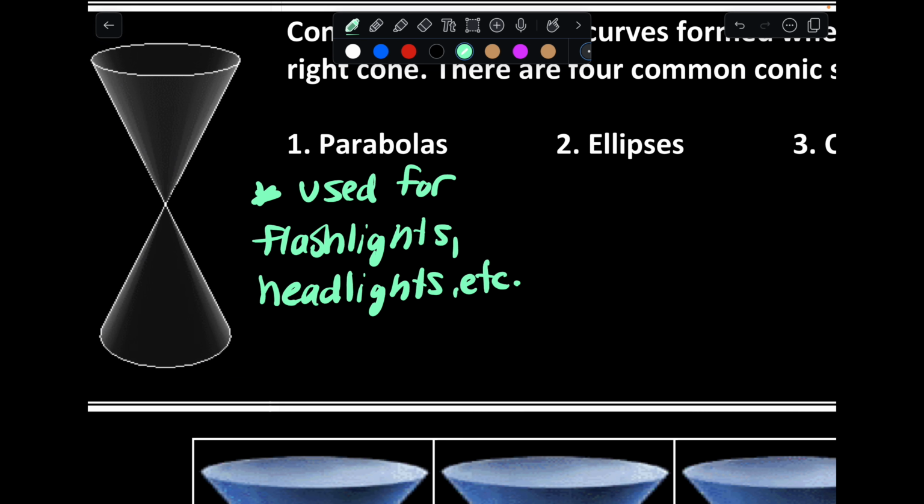So headlights in cars, that's a paraboloid, flashlights, paraboloid. Any object that you see that is shooting light out in a certain direction and then it expands in that direction is most likely using that three-dimensional shape called a paraboloid.